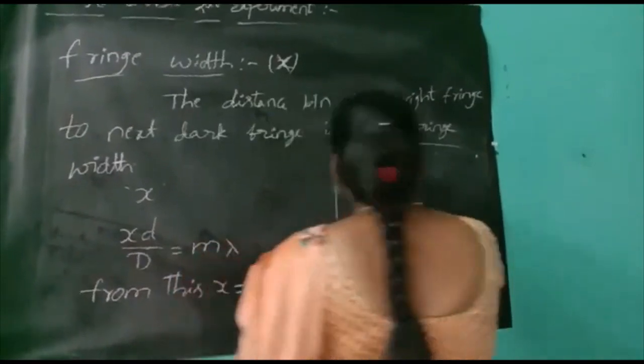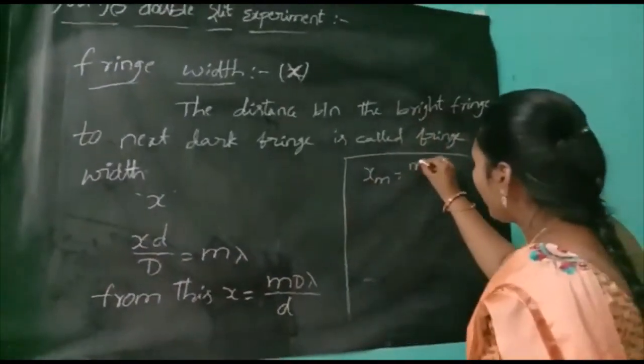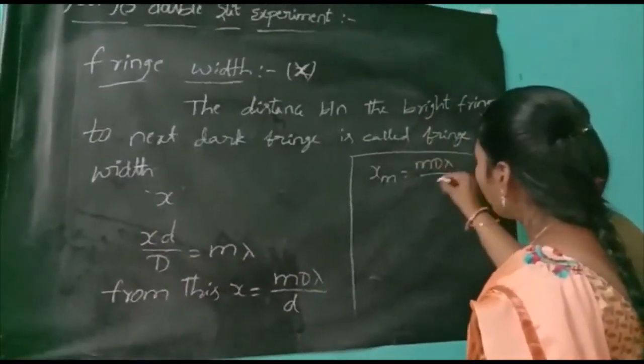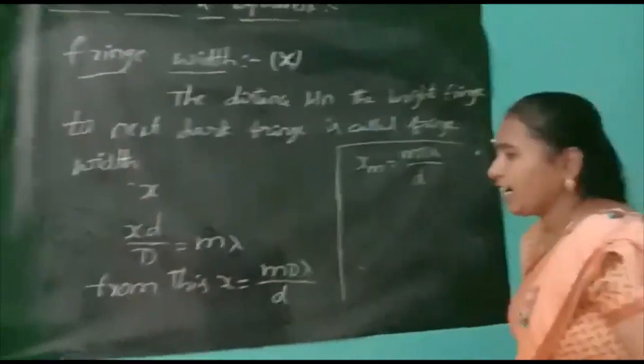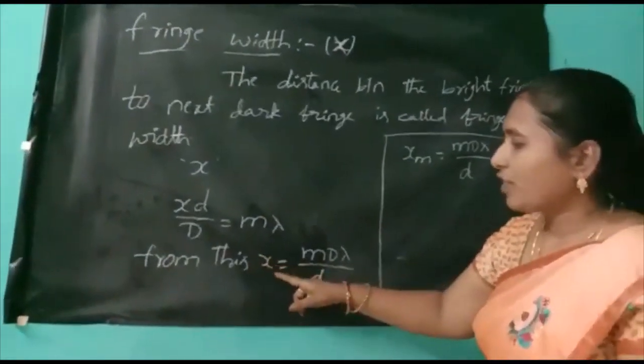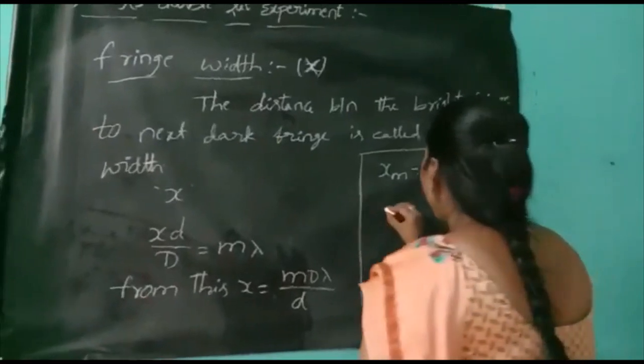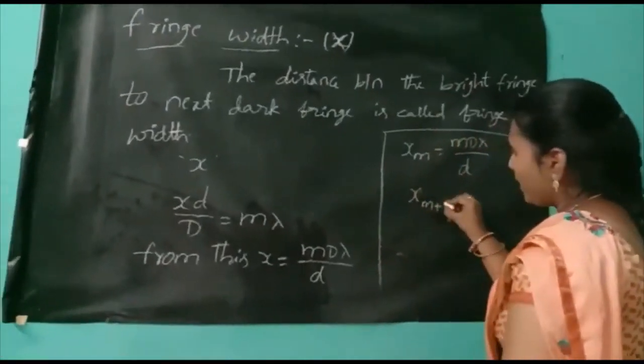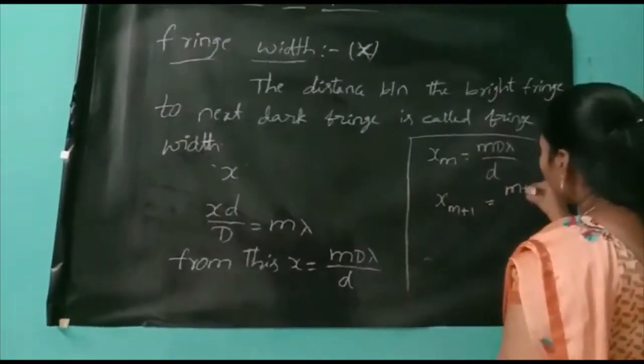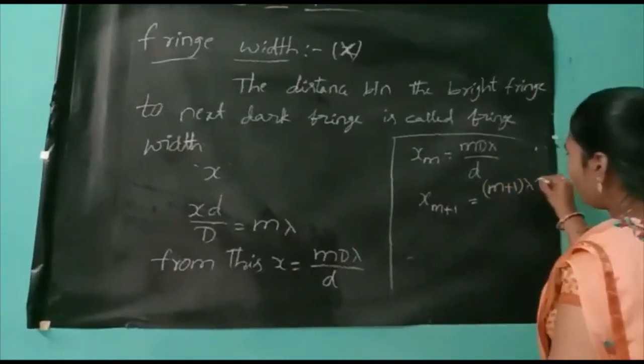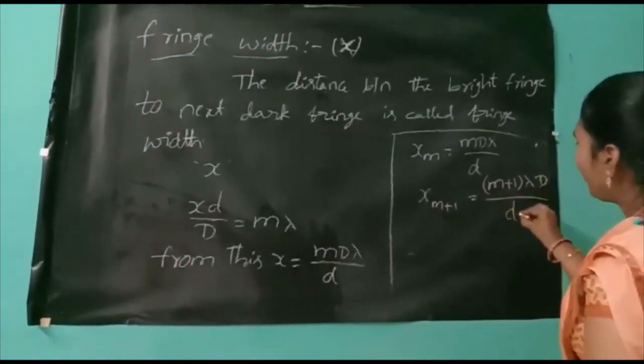X m is equal to m D lambda by small d. In this case, for the next fringe, x m plus 1 is equal to m plus 1 into lambda D by small d.